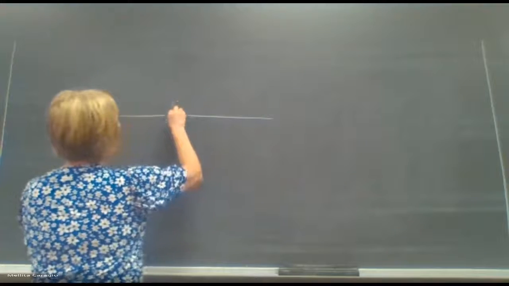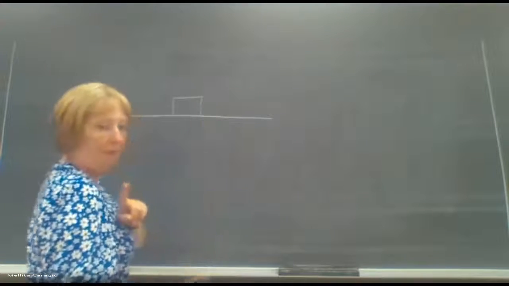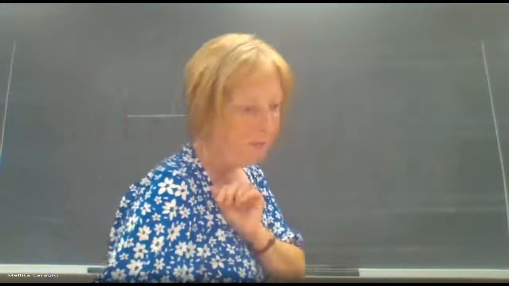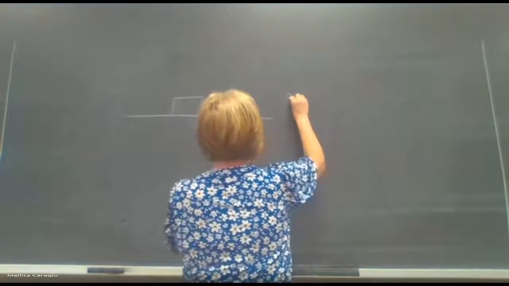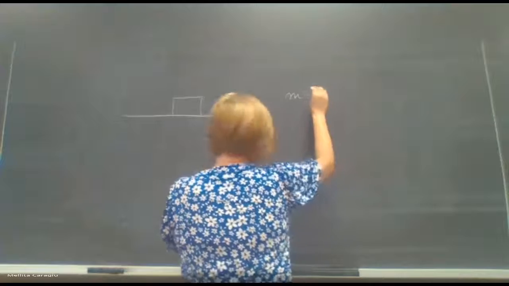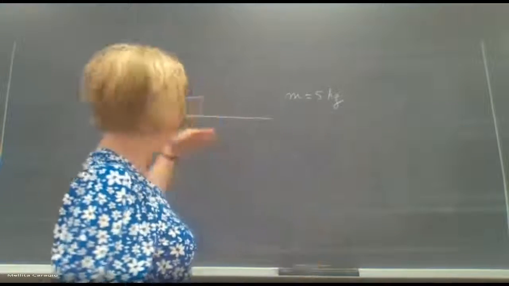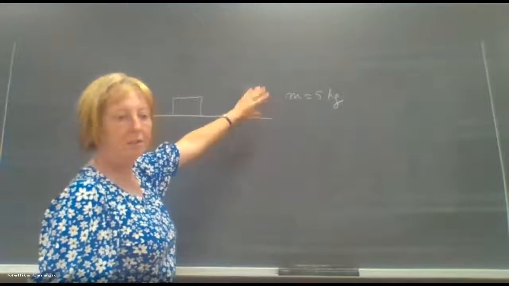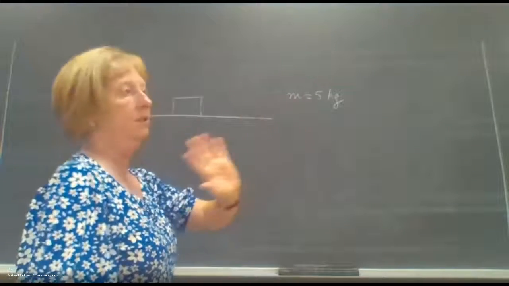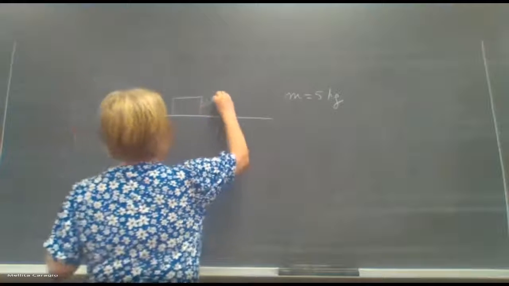Example number one says the following. There is an object and the mass of the object is given. It's 5 kilograms. And the object is being pulled on a horizontal surface and the surface has no friction for the time being.